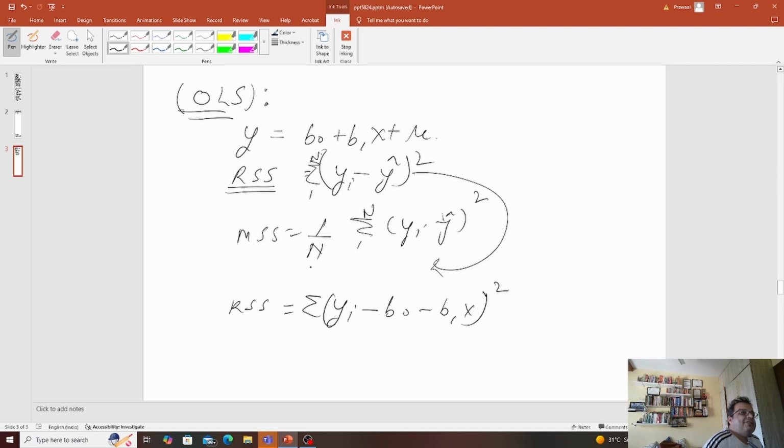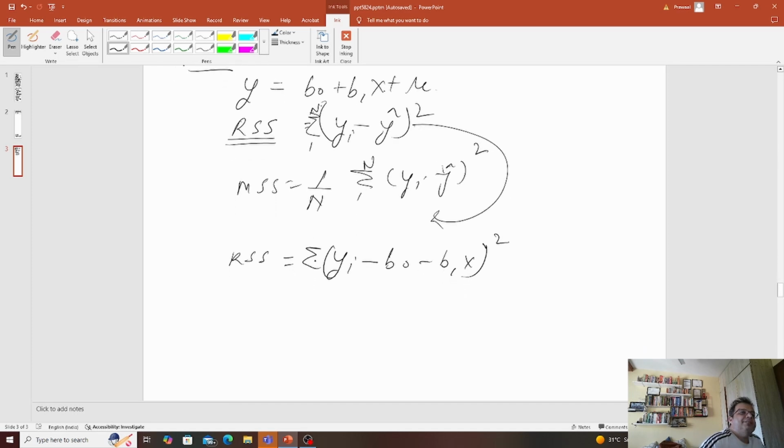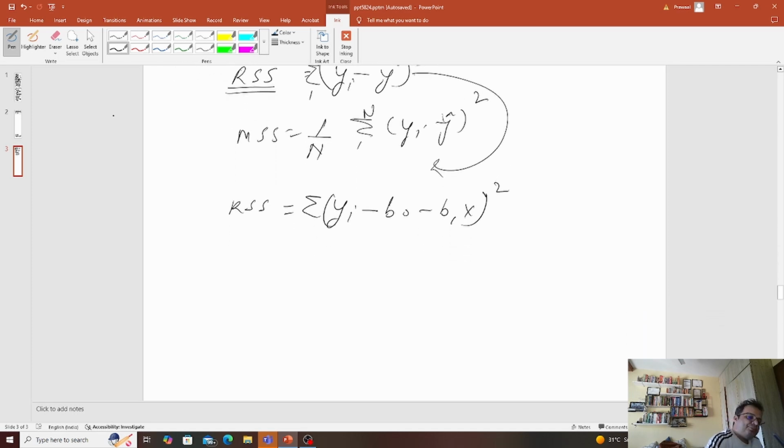Okay, now as I was telling you, in analytical methods we tend to differentiate this with the parameters that we want to estimate. In this case it is beta naught and beta 1. So we will try to differentiate RSS with beta naught first, and then with beta 1, equate them to 0, and then find the values of beta naught and beta 1.